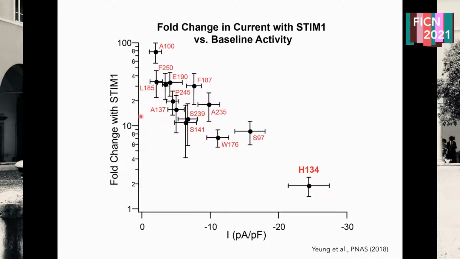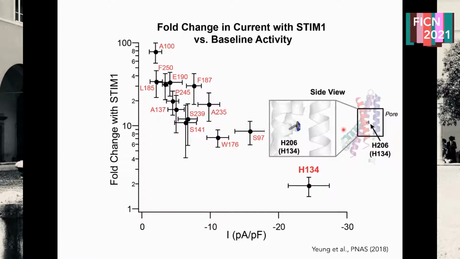So the mutations that are already very active, like this H134 mutant at baseline, could not be significantly gated further by STIM1 binding, whereas others that are only weakly active at baseline could be strongly activated further by STIM1 binding. So the one outlier that really stands out here is the mutant at H134.